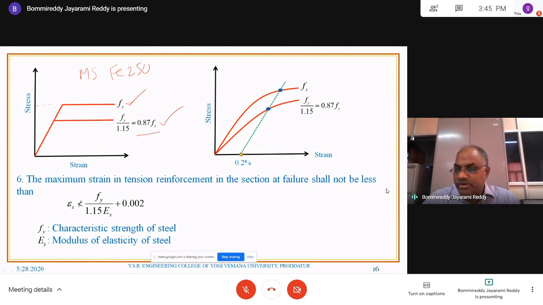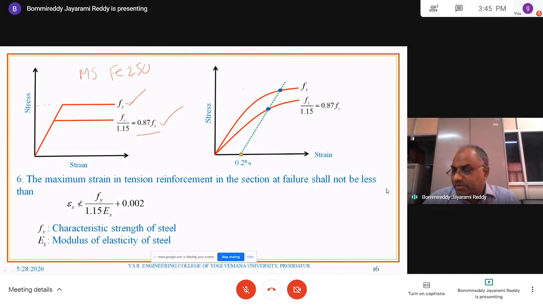You got it only by Fy divided by 1.15. That means by introduction of the partial factor of safety for steel, you get 0.87 times Fy. And here there is a definite yield stress.